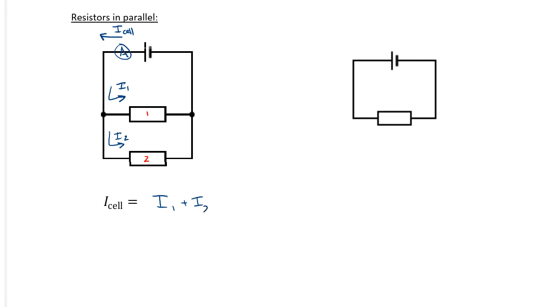And again, what we're trying to do here is find an equivalent resistance so that if I were to replace all of this with one resistor like this, I'd still be drawing the same total current out from the cell here. So in this case, using the same relationship, we know that I cell is equal to V cell divided by the total resistance that it's seeing.